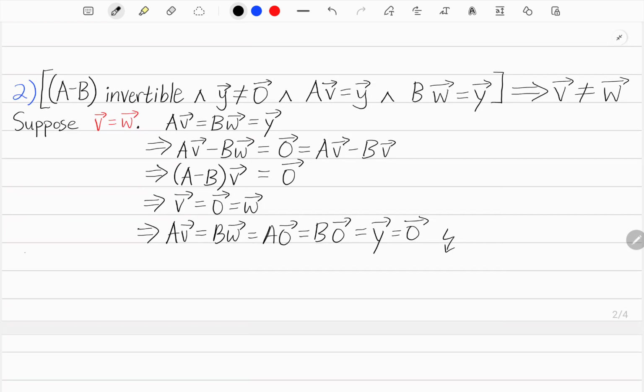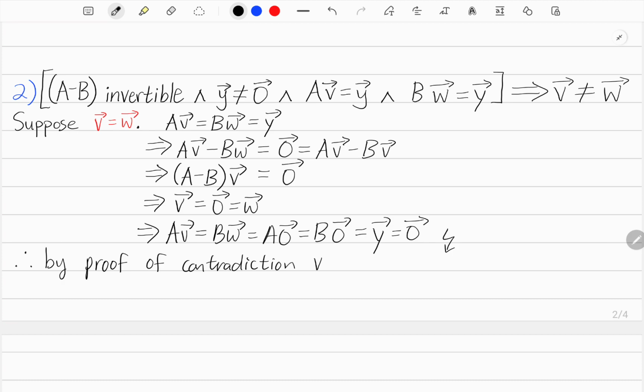So therefore, by proof of contradiction, this assumption was false. This V equaling W was not good.